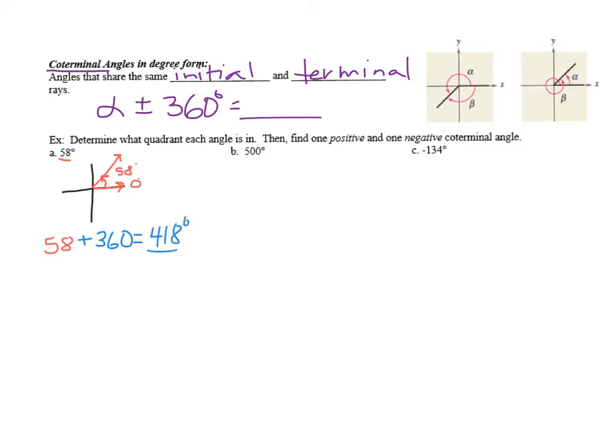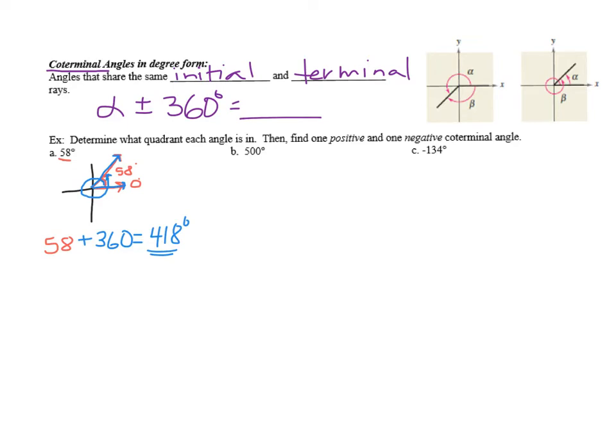And you can add 360 as many times as you want. What would end up happening is you'd start on that initial side, but because it's greater than 360, it would go all the way around and then end at that same terminal side. Cool, huh? 418 degrees would be in quadrant 1 at the same location as 58 degrees.